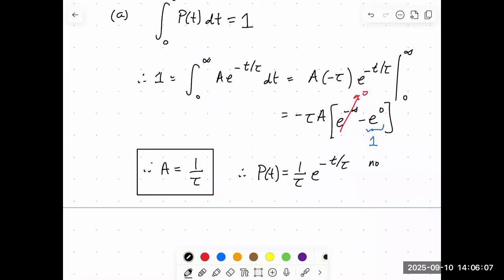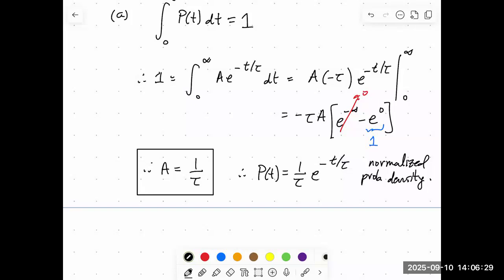So this is the normalized probability density. So if you remember, what we said is if we had a probability density, then p of x dx was equal to some probability of finding your particle between x and x plus dx.